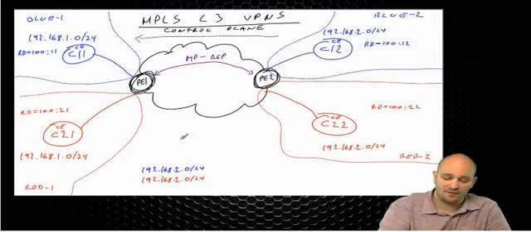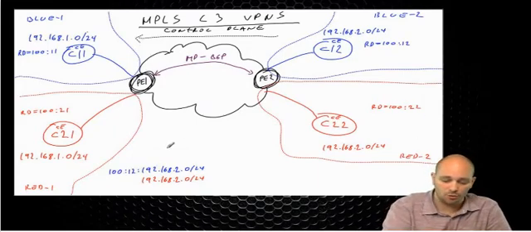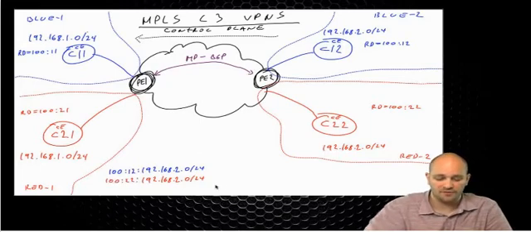So this route distinguisher here, which is 112, is going to get prepended to this prefix here, and then this route distinguisher here, which is 122, is going to be prepended to this prefix like this.